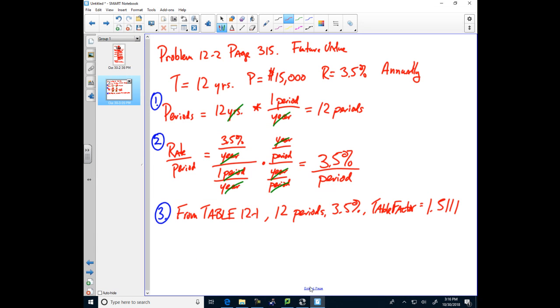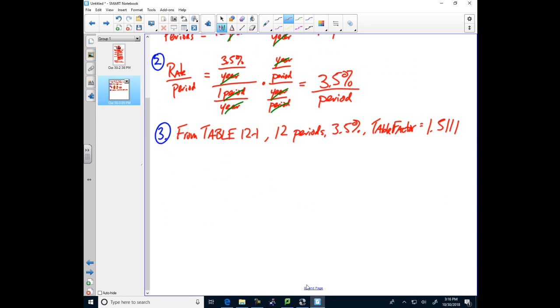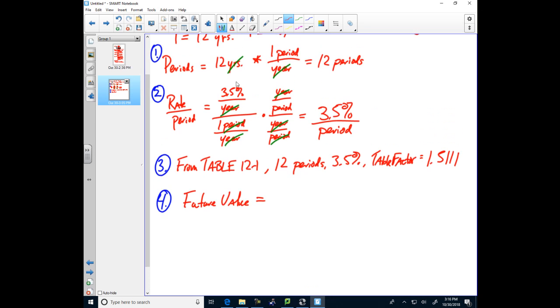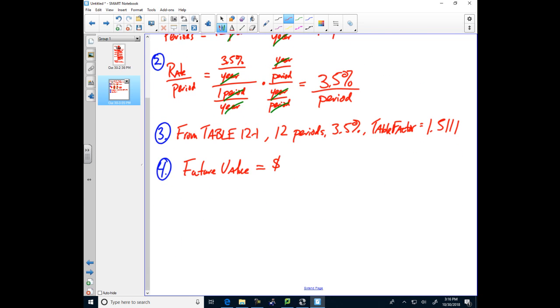So step 4 looks like this. The future value is going to be equal to, what was the principal? 15,000 times 1.5111.